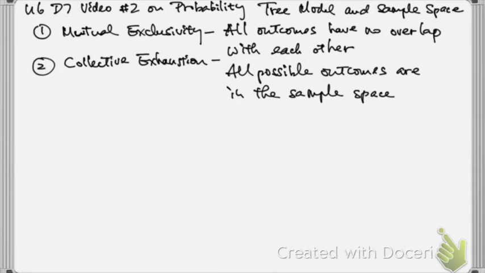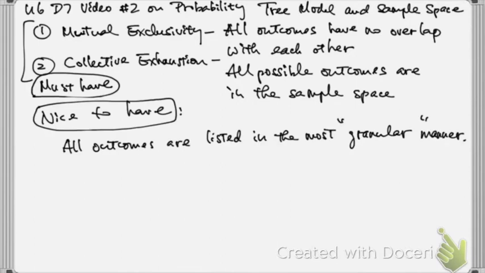But there's a third criterion that is highly desirable, but is not a must-have. It's a nice to have, and that is we want to have all the outcomes listed in the most granular manner. You've heard of the term granular, meaning cut up into very fine, very small pieces.